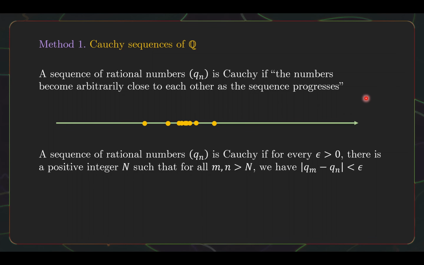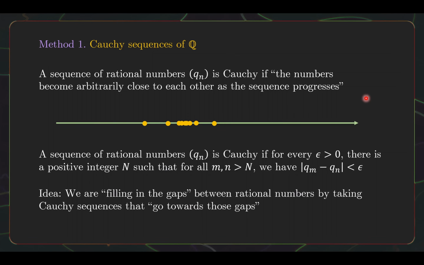Now, why am I even looking at this idea of a Cauchy sequence of rational numbers? The key idea here is, take for example square root 2. Square root 2 is not on my line of rational numbers. But what I can do is fill in this gap by taking a sequence that goes towards that gap.